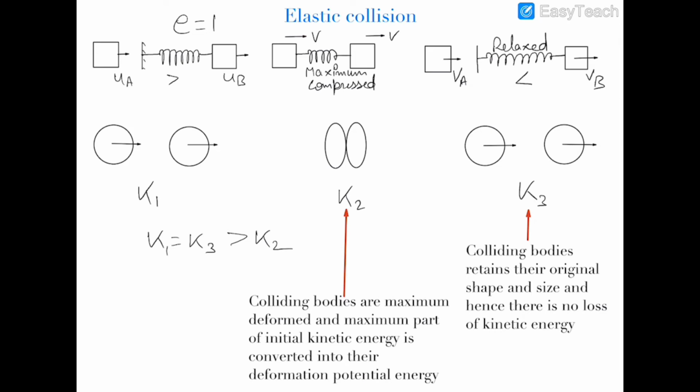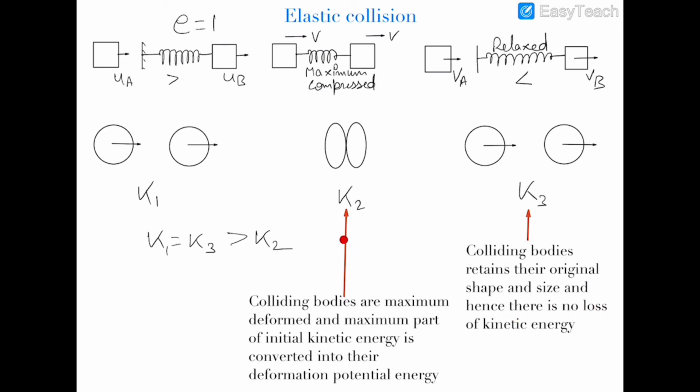Similarly, in this case, when these balls are in the maximum deformation state, a major part of the kinetic energy of the system is converted into the deformation energy of the balls, and when they regain their original spherical shape and size, their kinetic energy is restored, and they gain their original kinetic energy. So in this third case, the colliding bodies retain their original shape and size, and hence there is no loss of kinetic energy.